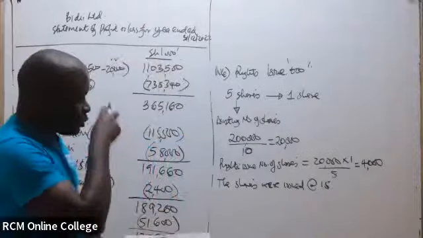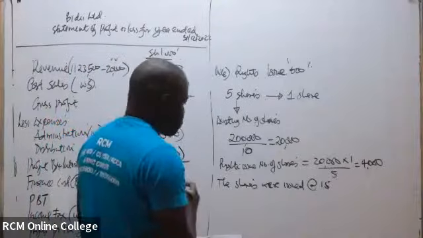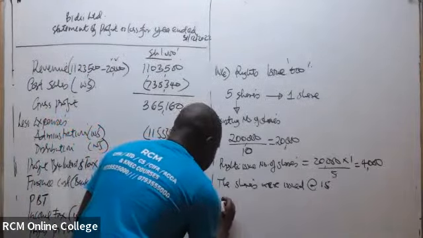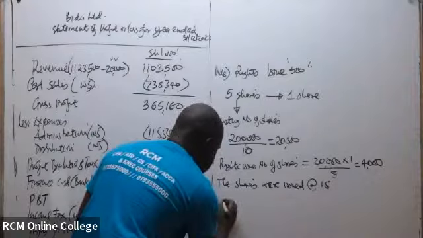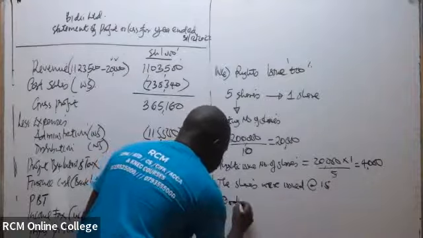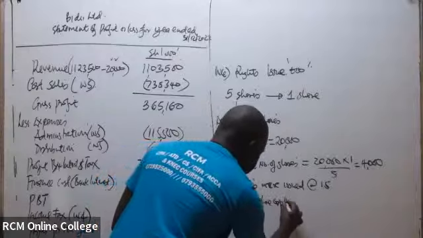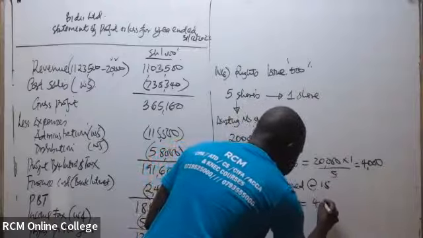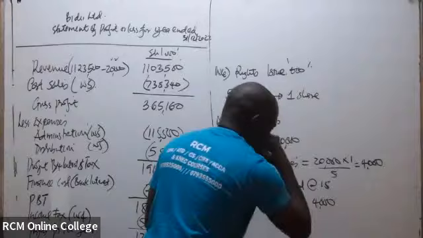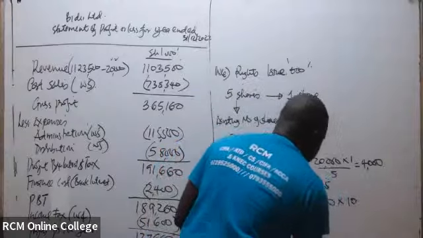So of course now, we'll transfer into the ordinary share capital. The ordinary share capital will be 4 million multiplied by 10.